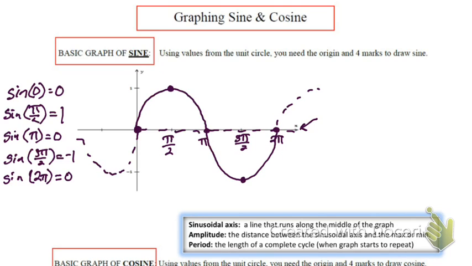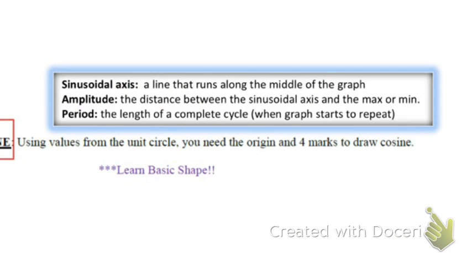It goes smack dab in the middle. Half the graph's above it, half it's below it. That is your sinusoidal axis.